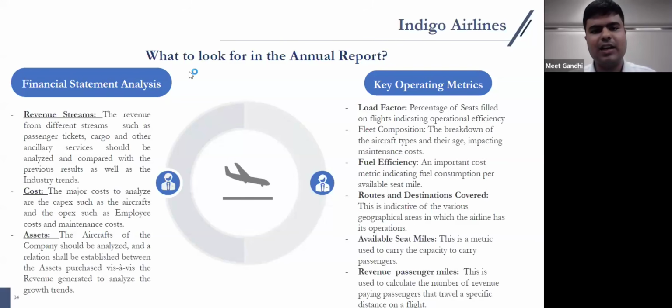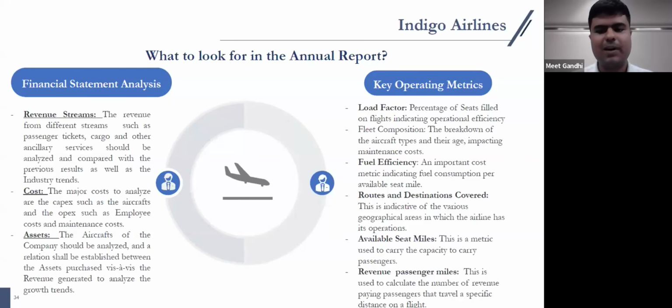When you go to the annual report of Indigo Airlines available on the forum, you could see that the damp lease is a kind of lease where not only the aircraft but even the cabin crew, the pilots, every kind of staff is leased from the other entity. This is how you could evaluate the airline industry in terms of how much staff it owns, how much assets they hold, and how much assets they have leased out.